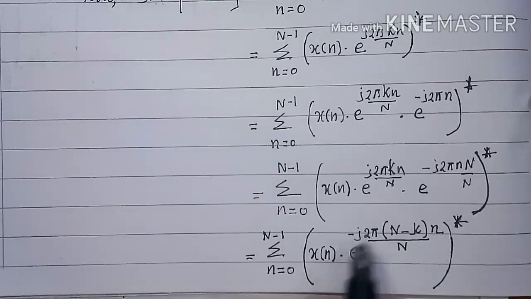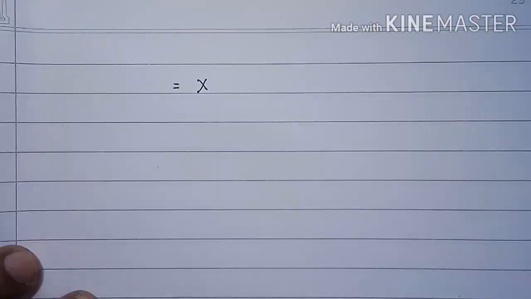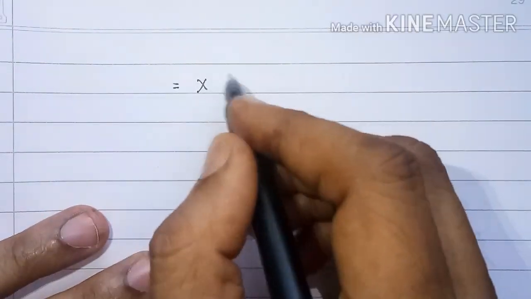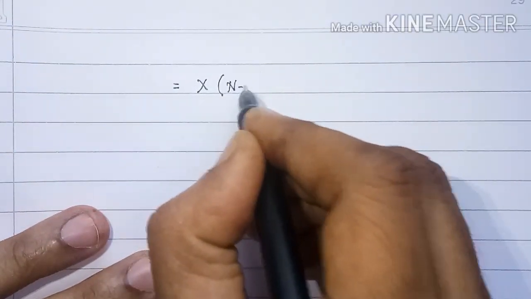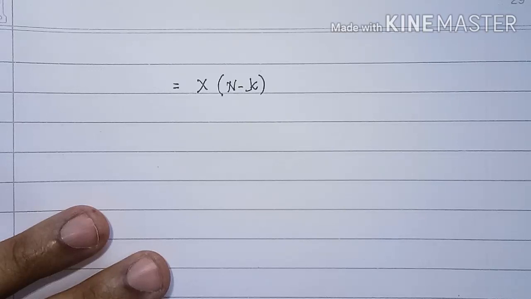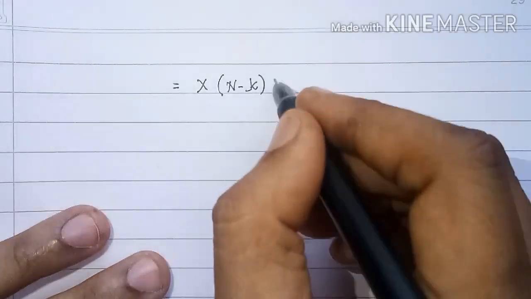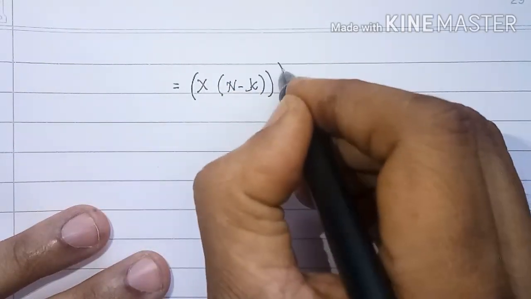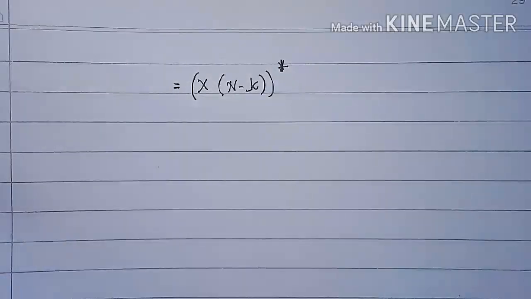Now if we only look into this bracket, it is nothing but x of n minus k. So we'll write it as x of n minus k, and we'll keep the complex conjugate symbol as it is.